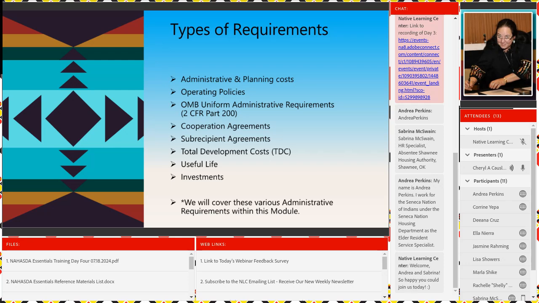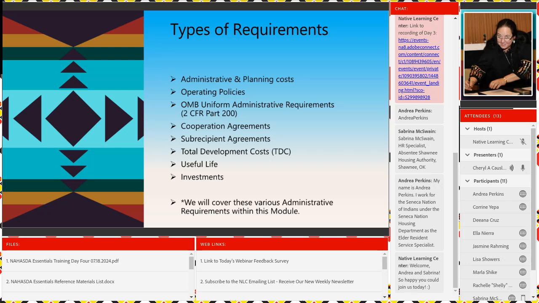We have to follow under OMB Uniform Administrative Requirements 2 CFR 200, but the tribe also has to use that same guidance. It is in charge of all the procurement. Okay, so your acquisition thresholds, things like that, your auditing, your financial expenditures, your contracting. So all things money almost.